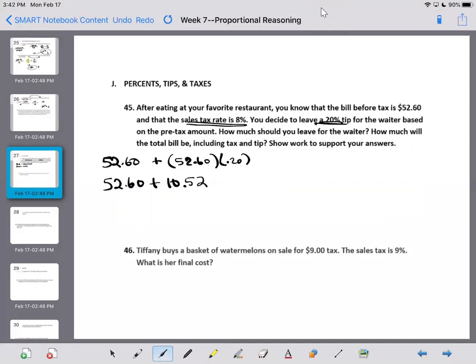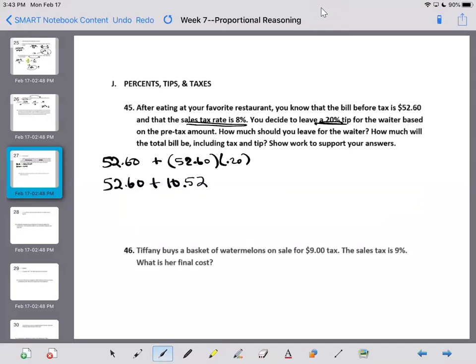Sometimes some people just round up, tip higher, and everybody has their method. But if you're looking at 10%, 20%, 15% without a calculator, you're really just thinking of dividing your total by 10 to get 10%. Double that amount to give you a 20% tip. So in this case, 20% of $52.60 is exactly $10.52.